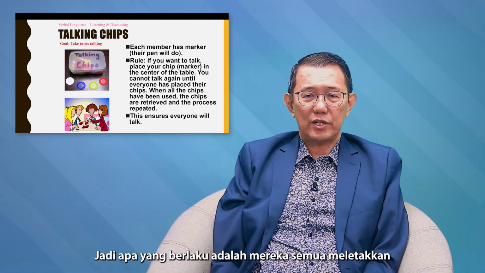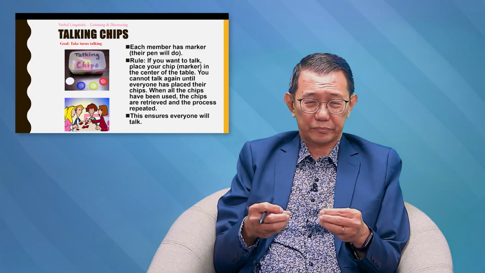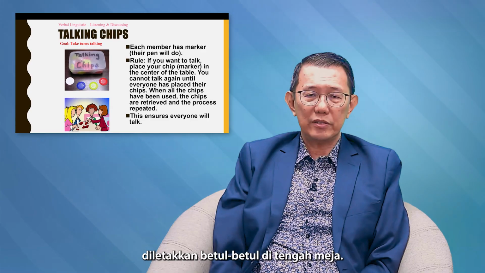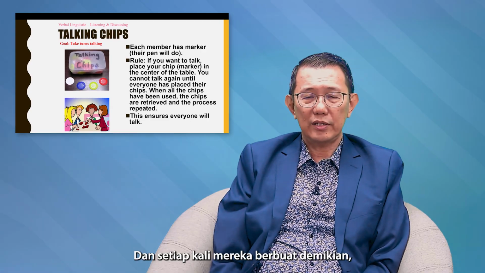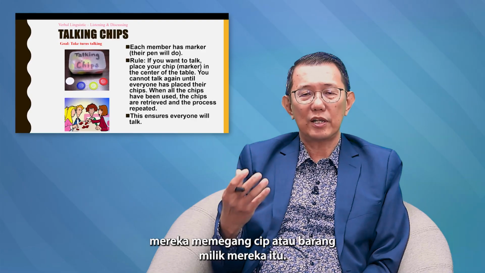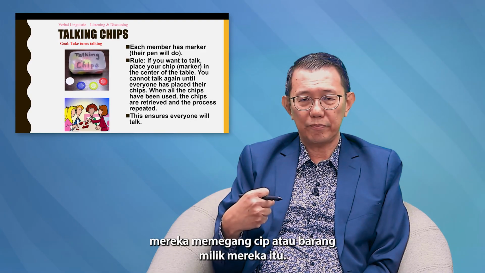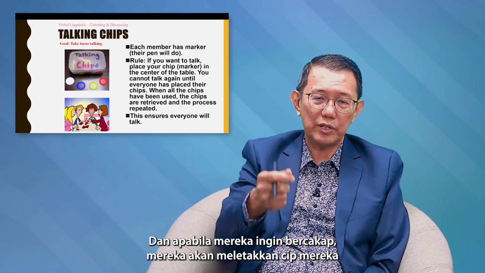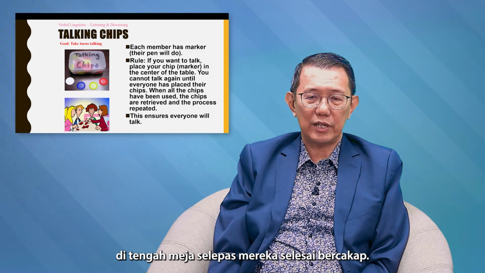So what happens is that they all hold on to their chip or whatever they have, and when they want to talk, they will put their chip into the center of the table.